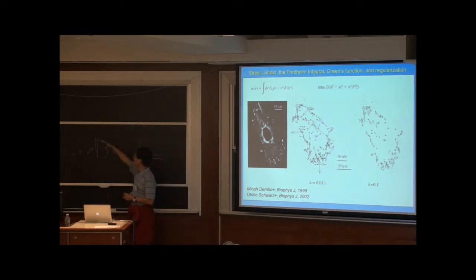If I take this strain map that I have and I back out forces, then I take my forces and recalculate the strain map. Okay, so if I have a perfect solution, then this is 0, right? But for that to be 0, I have to have a very complex force field, remember?